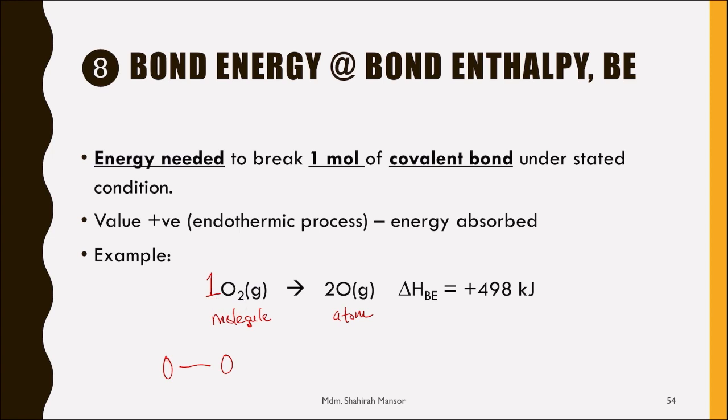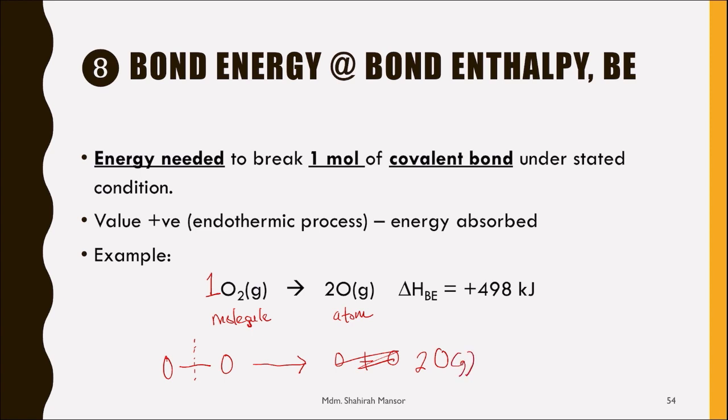Breaking the covalent bonding between these two oxygen atoms, you will get 2 gaseous oxygen atoms.